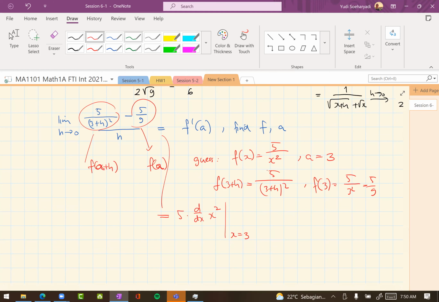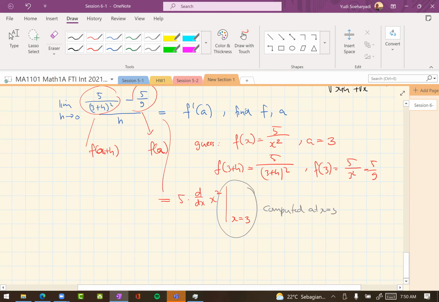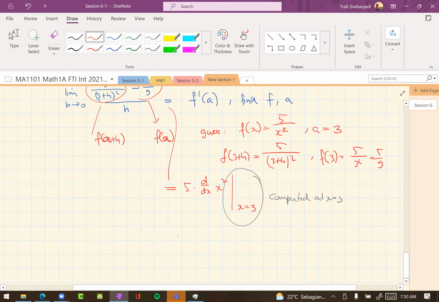We'll use this notation. Let's see, this is the derivative of x to the minus 2, because there's a negative power.